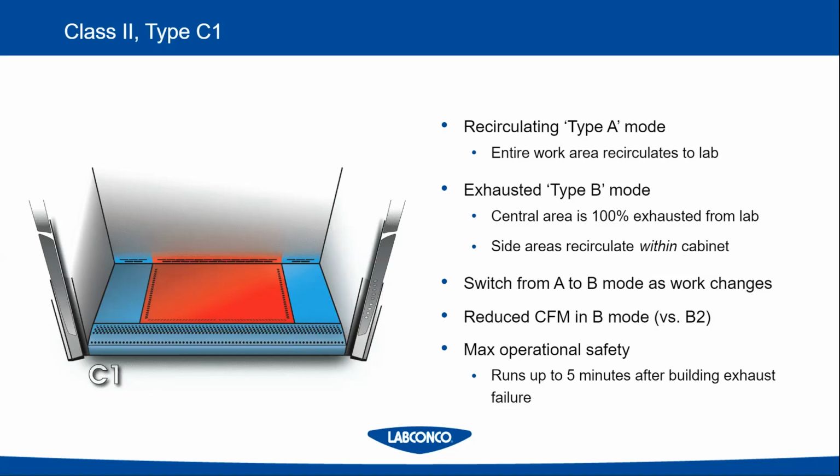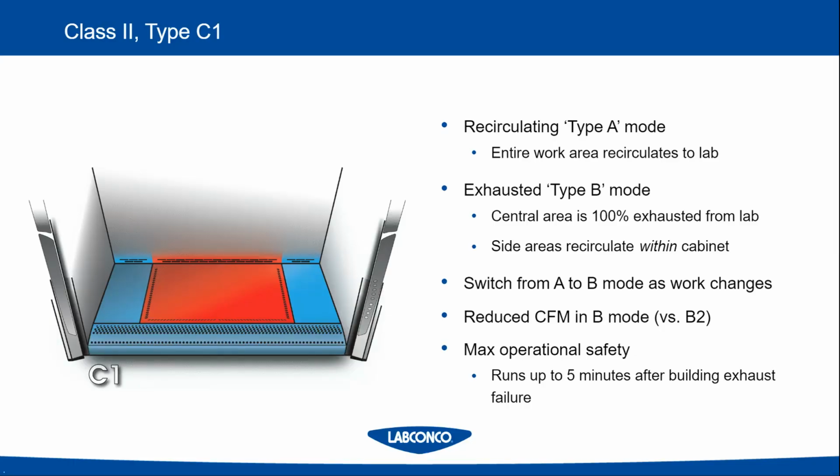It can operate in A mode, which is like a type A2, where the entire work surface is recirculating. Or it can operate like a type B biosafety cabinet, where the center is completely exhausted outside the building. And that means that users can actually have volatile chemicals in the center while it's exhausted.